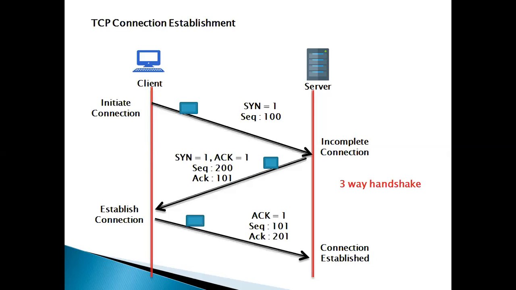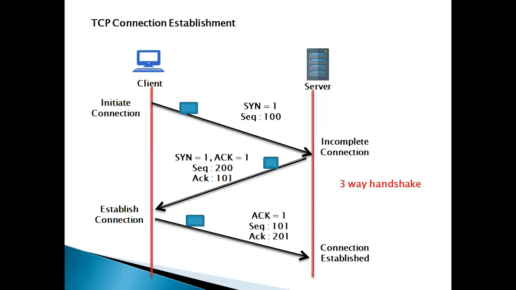TCP connection establishment is a three-step process that requires both the client and server to exchange synchronization and acknowledgement packets before the real data communication starts. So in the first step, the client initiates a connection with the server.